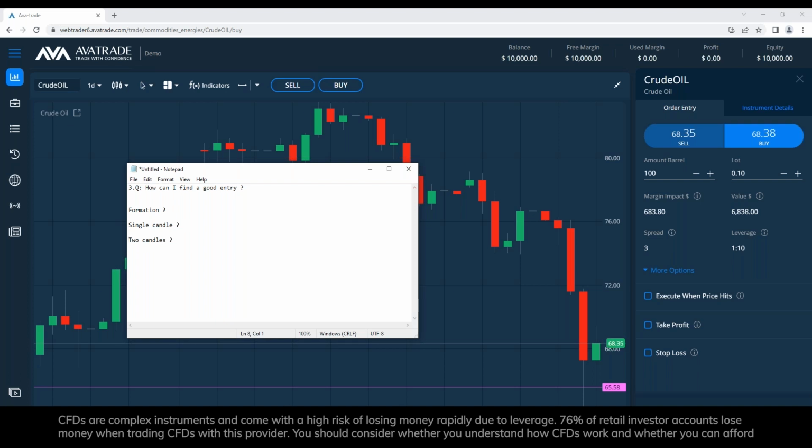Three? What do you think? Is three already a formation? Yeah? What do you think? Three is enough. Okay. So if I analyze three, will I know how to find a good entry?